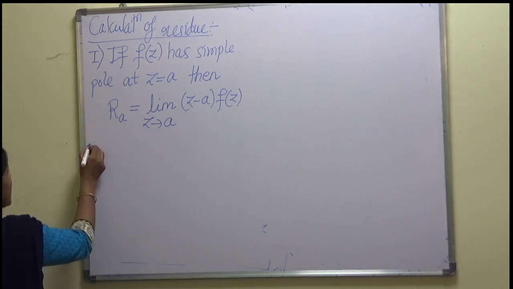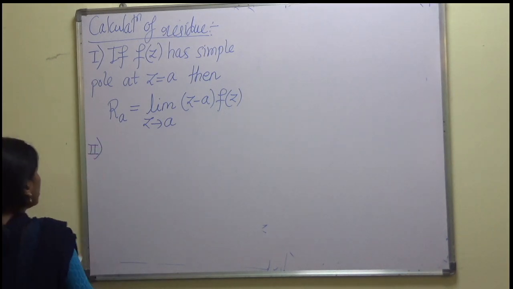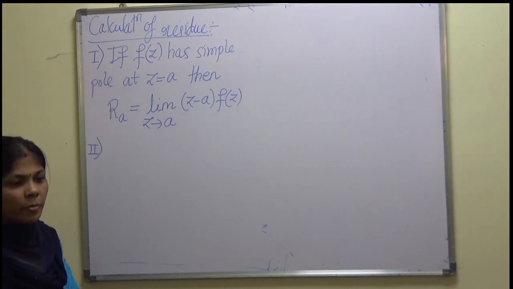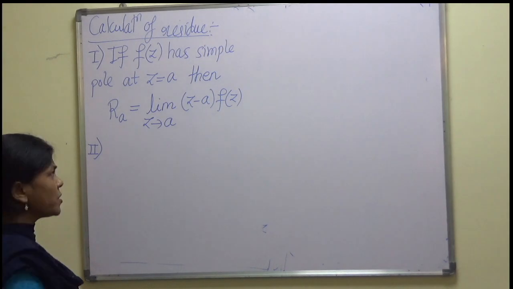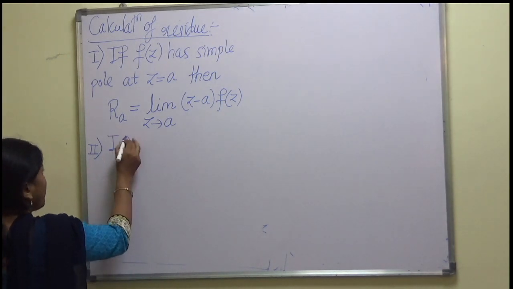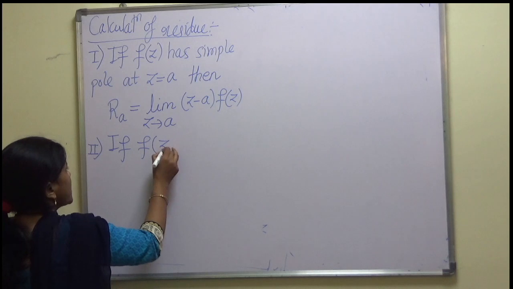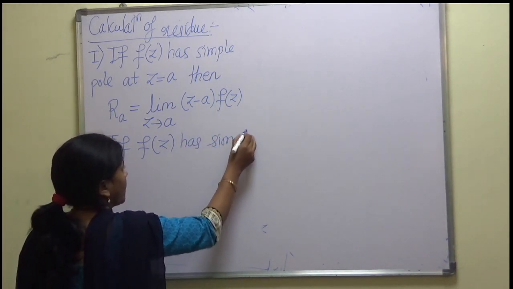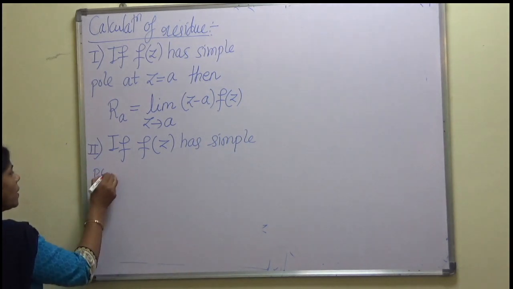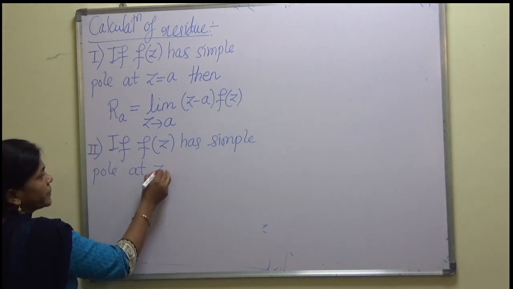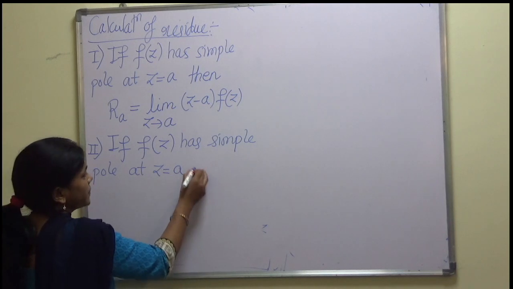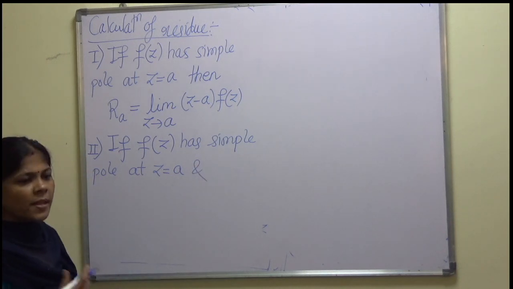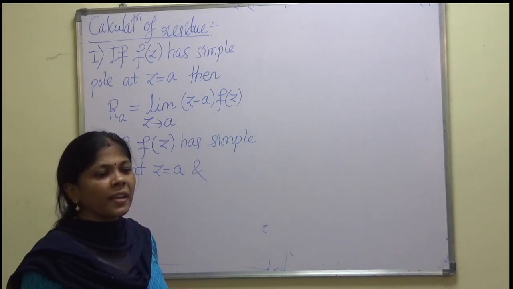Then the second formula, which is rarely used but you should know. It is again applicable when f of z has a simple pole at z equal to a, and there is one specific requirement on the function.